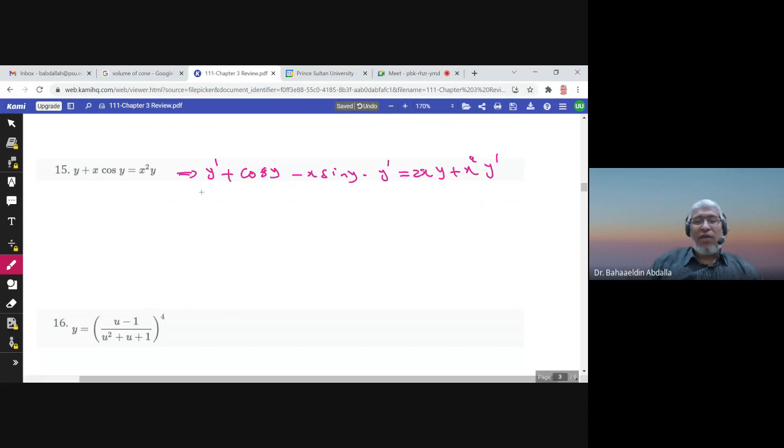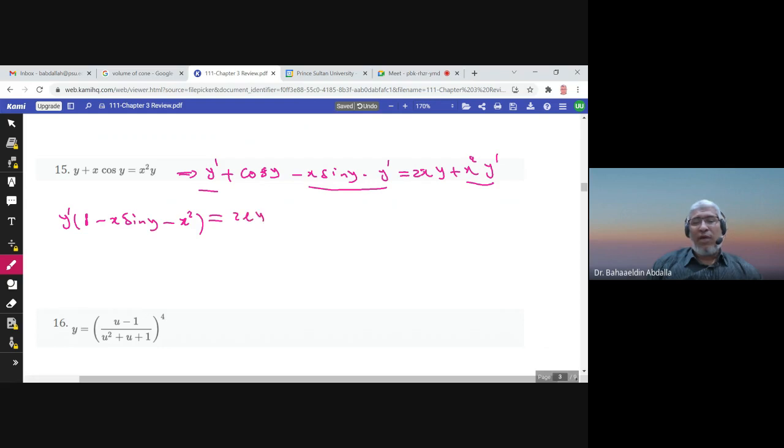Now I have 3 terms with y prime. So bring them to the left-hand side and take y prime as a common factor. So 1 from here, negative x sine y from the second term, and negative x squared from the last term.